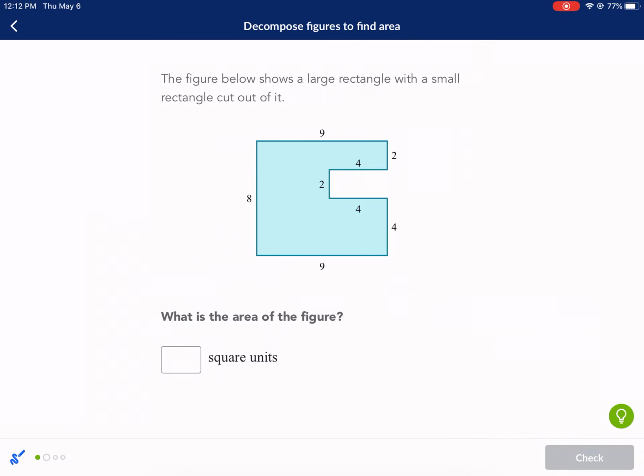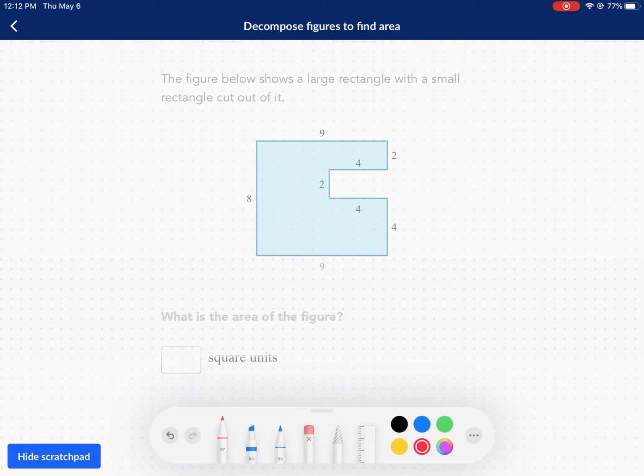Next question. The figure below shows a large rectangle with a small rectangle cut out of it. What is the area of the shaded figure? Two different ways to solve this one. I'm guessing most people would want to cut it like this, and form 3 rectangles. So you have your first one here, rectangle 1, rectangle 2, and then rectangle 3. That's one way to do this.